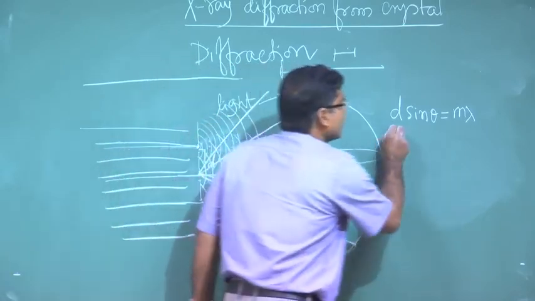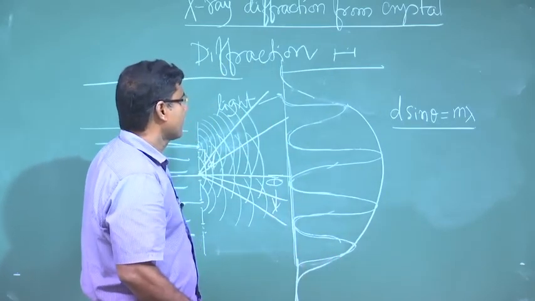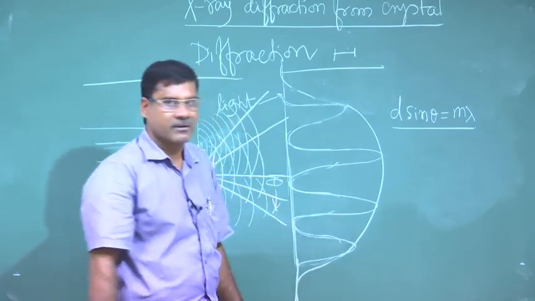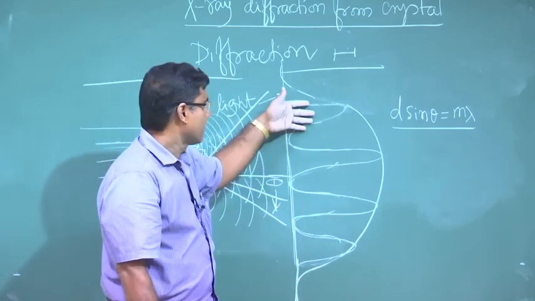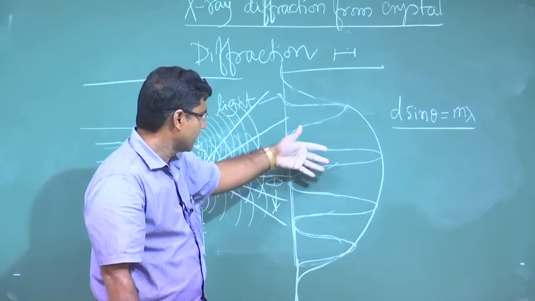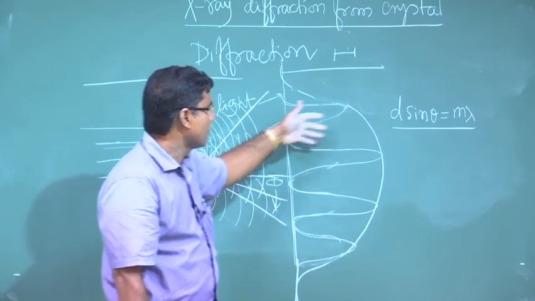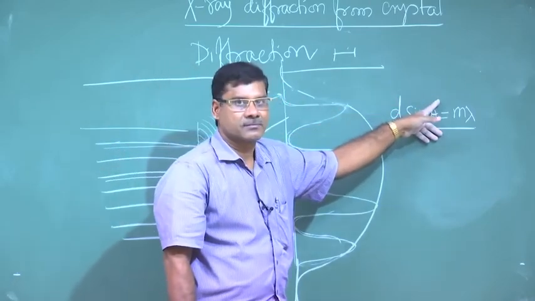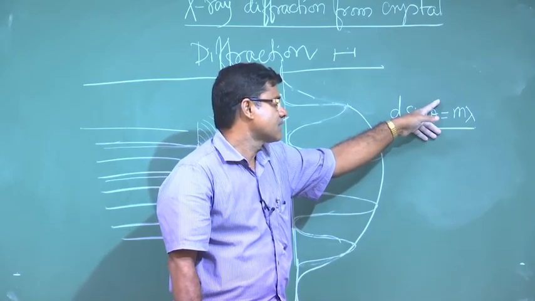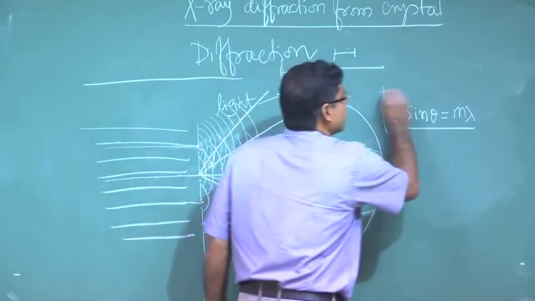So in grating diffraction of visible light, we get this type of change in the intensity distribution, and it follows this expression. This is a very important relation.